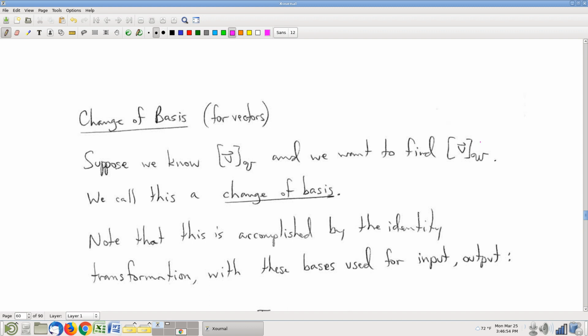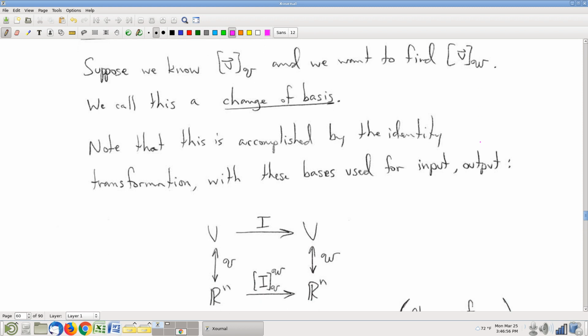Here's the clever way to do this. Realize that I can choose to view this as the action of a linear transformation. We've got a couple of different bases there, script V and script W, sure. But ultimately, there is a linear transformation here where I'm taking an input vector and getting an output vector. It's just that this is a really boring linear transformation.